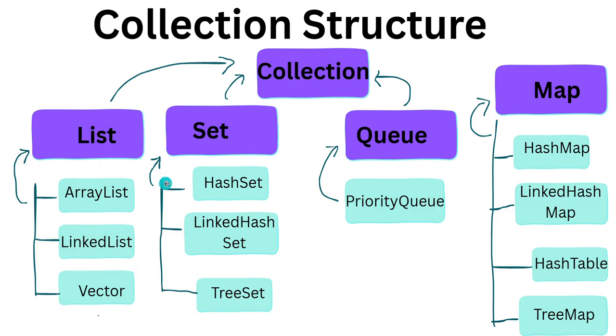So you can create an object such as List myList equals new ArrayList. If you are not comfortable with how to create a runtime polymorphic object, or what runtime polymorphism is, or if you are not comfortable with inheritance, do let me know through the comments and I will prepare an in-depth video on inheritance as well as runtime polymorphism.